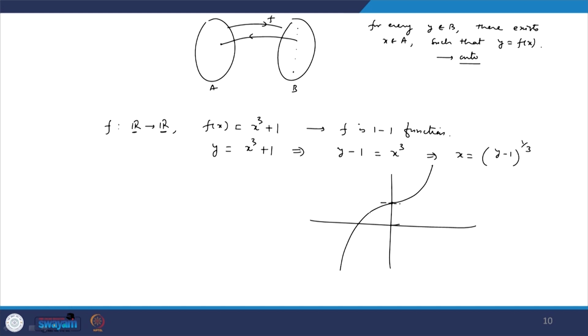So it is a 1-1 function, and for onto you see that the entire y axis, the entire real line, is covered. So that means it is an onto map. Graphically also you can visualize whether a given function is 1-1, onto, many to 1 or what.